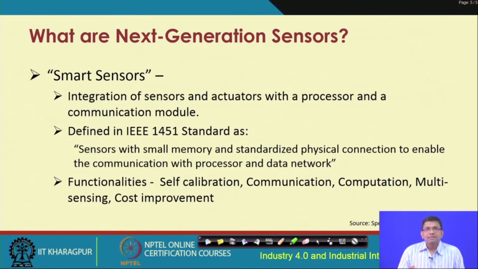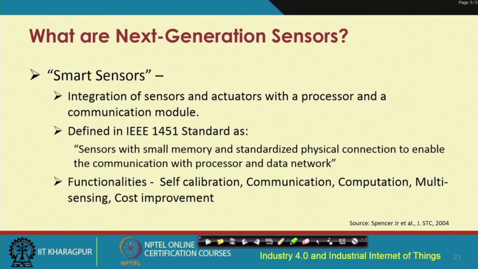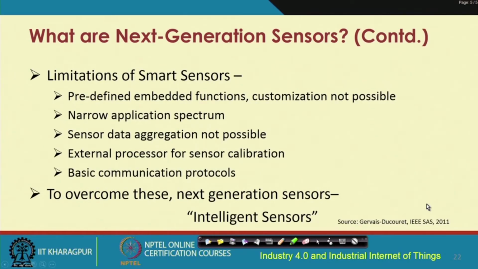So, these are the simple smart sensors. These sensors will also have to do certain functionalities like self calibration, communication, computation, multi-sensing, cost improvement of their own, and so on. So, these are some of the different features of the smart sensors.